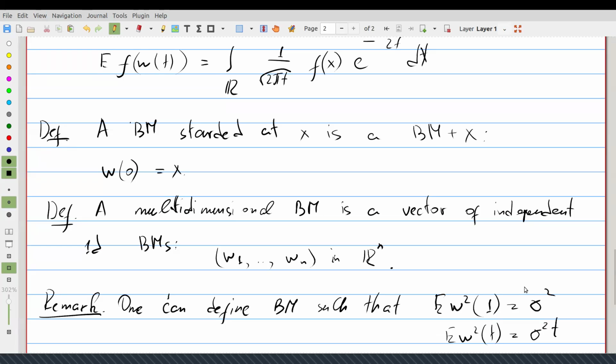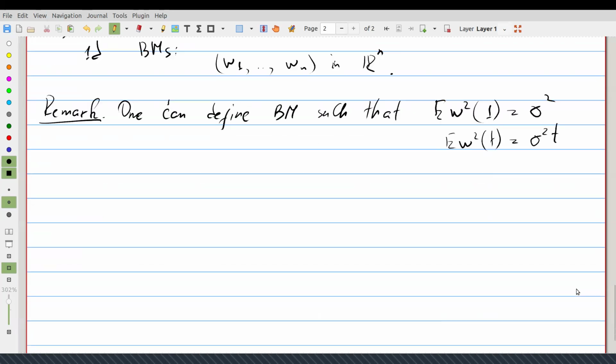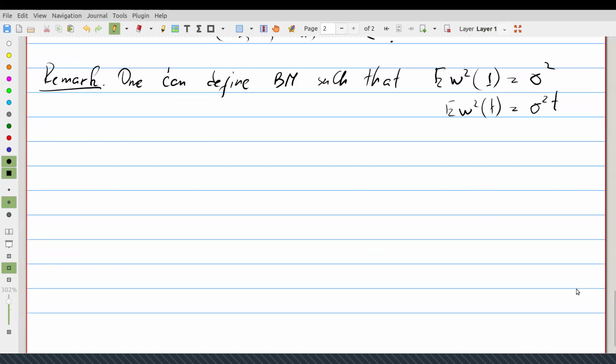Obviously, nothing really changes. It's just some change of scale. So we will always discuss standard Brownian motion with zero mean and having unit variance at 1.